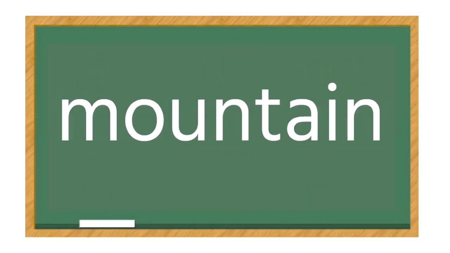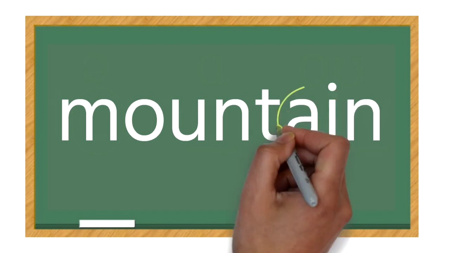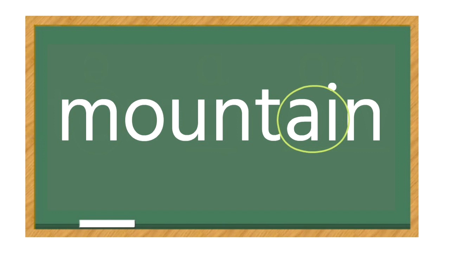One more example. Where's the schwa? Mountain. It's here. Tn. I don't say mountain. I ignore the A and I and say mountain. Or sometimes mountain, mountain.